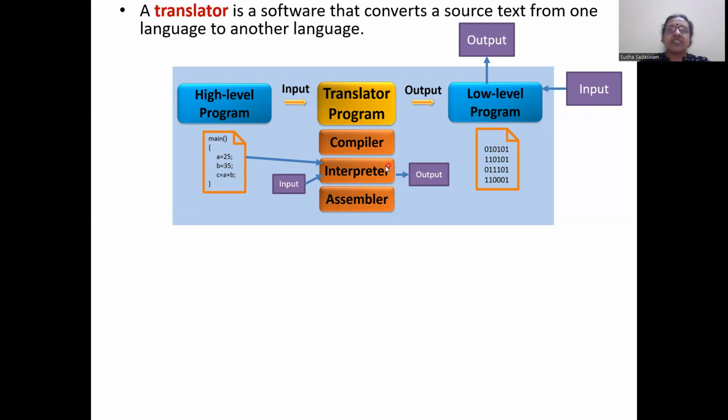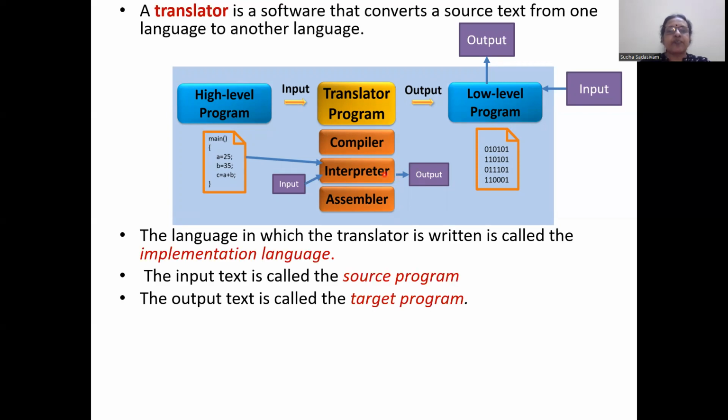So the translators from the point of view of system software can be categorized as compilers, interpreters, or assemblers. The language in which the translator is written is called the implementation language. The input text is written in a format, and this is called the source program.